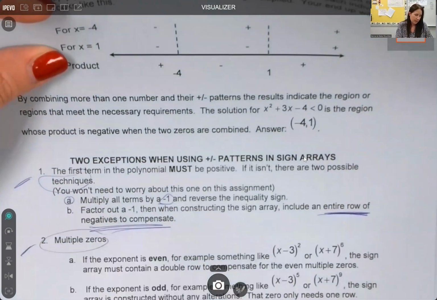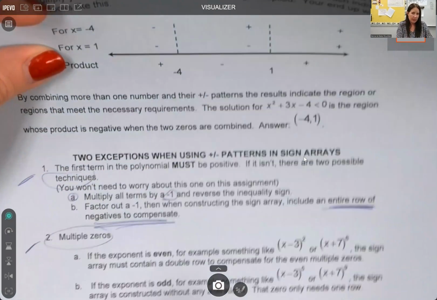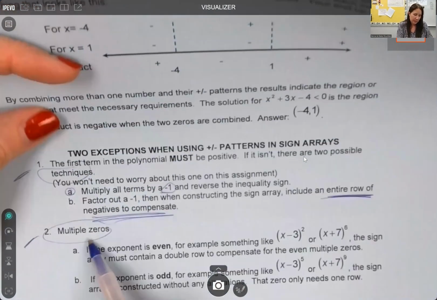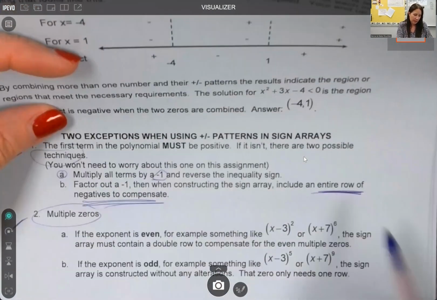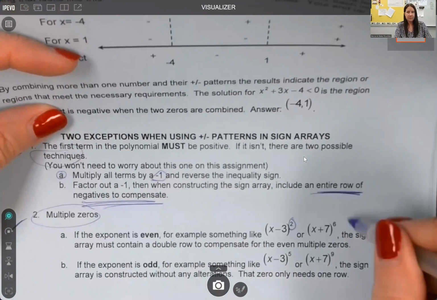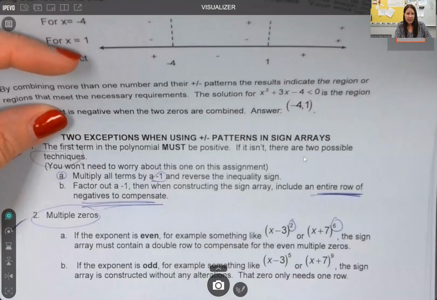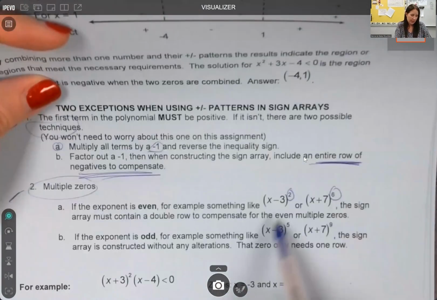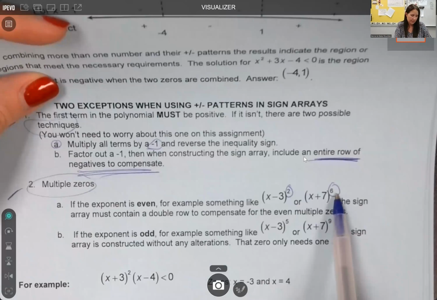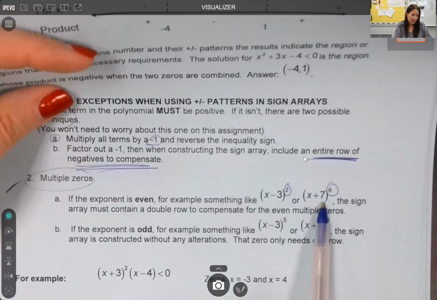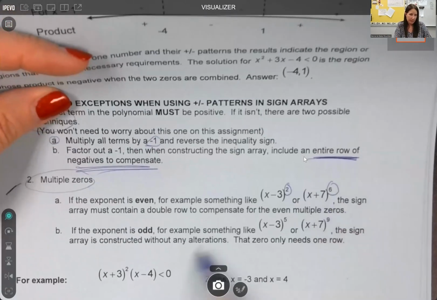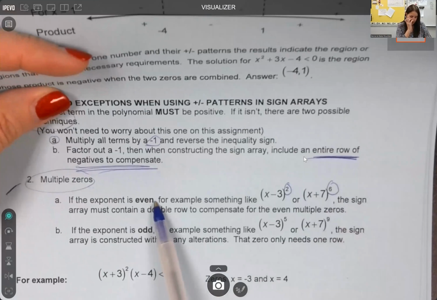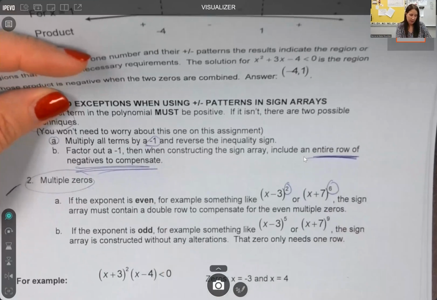Okay. All right. And then in the multiple zeros, if I have a multiplicity of 2 or even a multiplicity of 6, that means I would have 2 zeros at 3 or 6 zeros at -7. So if you have an even number of multiplicity, you would do 2 of that sign.